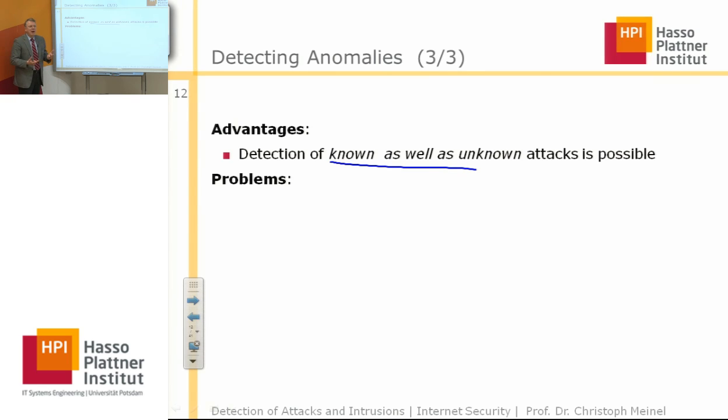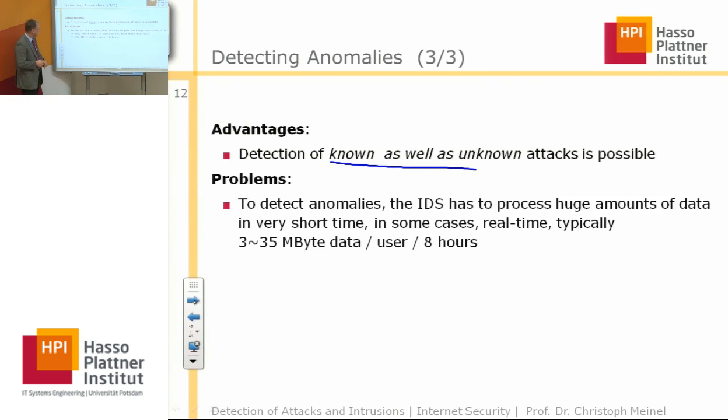But what are the problems with this approach? The problem is being able to detect such anomalies. The intrusion detection system has to process a huge amount of data, and it has to be done in a short time, best in real time. And what is a huge amount of data?